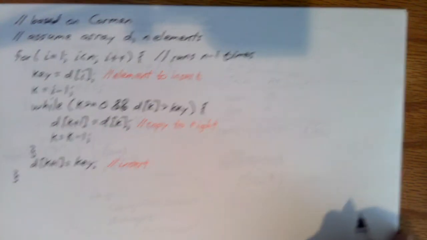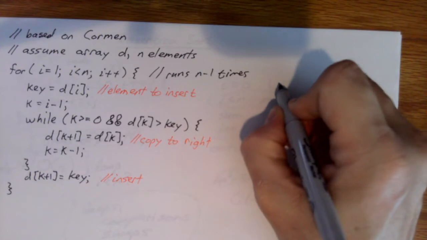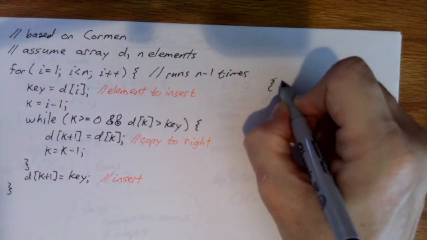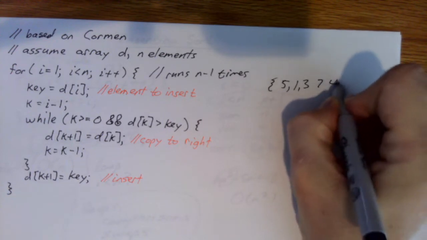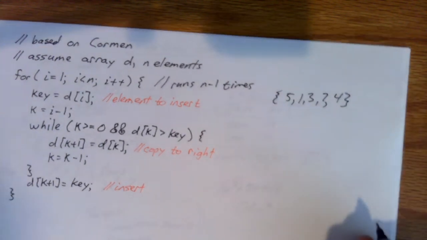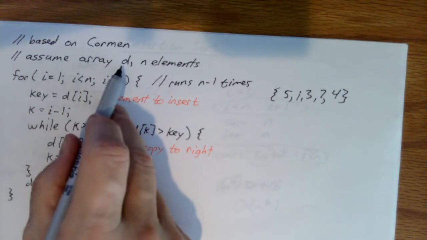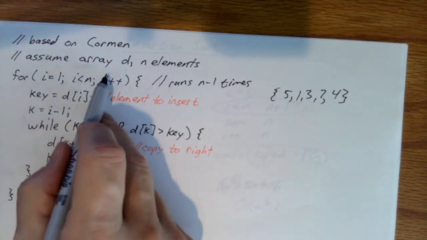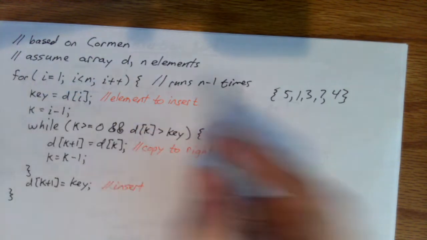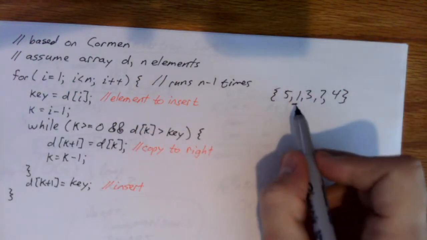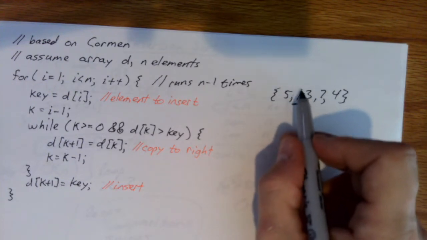So let's look at an actual example of how insertion sort works, and this will make more sense. So let's say we have this data: 5, 1, 3, 7, and 4. In C, this is actual C code. In C, indices start at 0. So when we have D sub 1, we're really talking about the second position, not because it has a 1, but just because of whatever this position is.